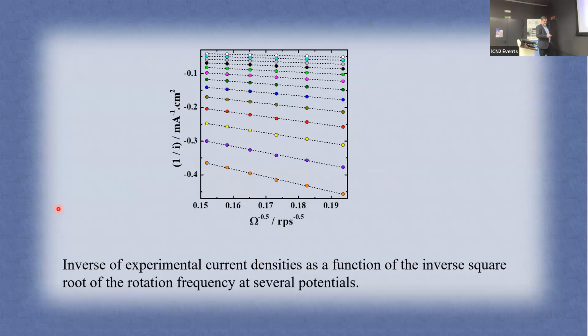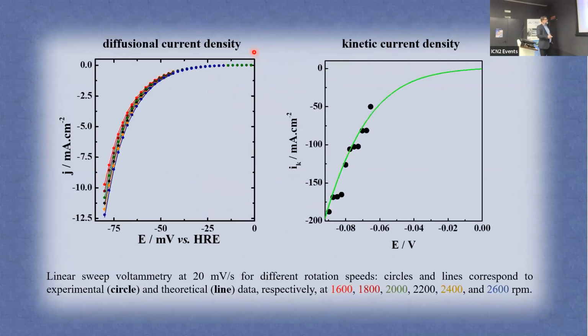Here, I show the inverse of experimental current densities as a function of the inverse square root of the rotation frequency at several potentials. We have used a glassy carbon rotating electrode, and on the basis of the slope, we have obtained the diffusional current density, because we have control of the hydrodynamic thickness.